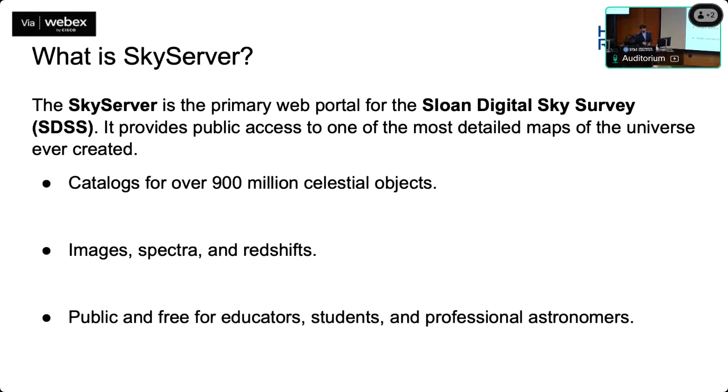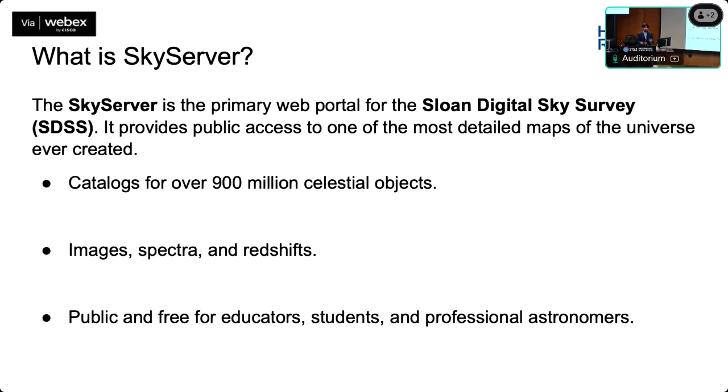We can just skip over the agenda. We are on a short schedule. I think everybody here knows what SDSS is, but just to make sure, it's a really big database of astronomical data. It has over 900 million celestial objects, and also very important attributes about them, like redshifts and images.